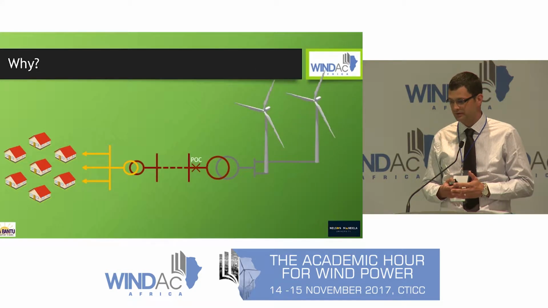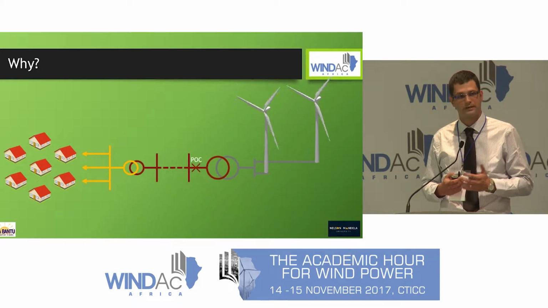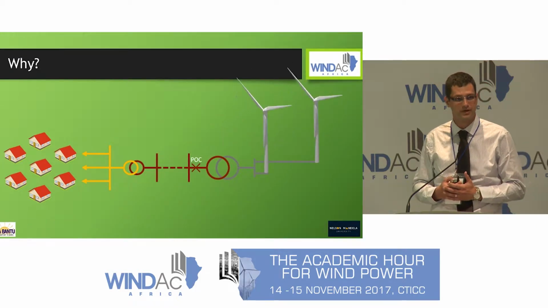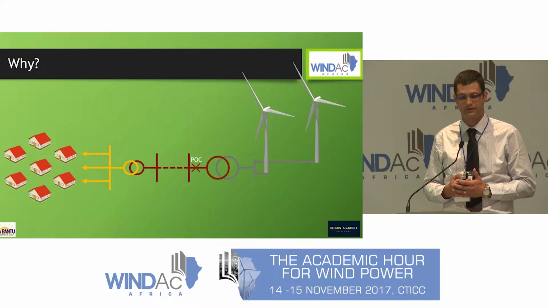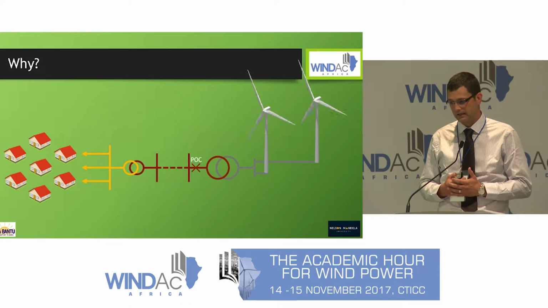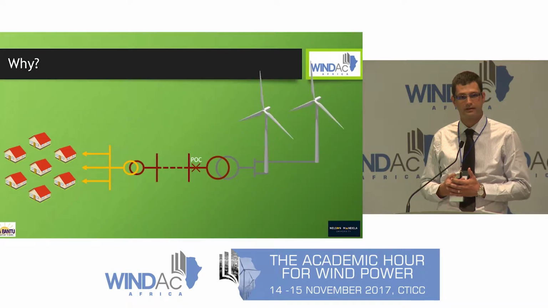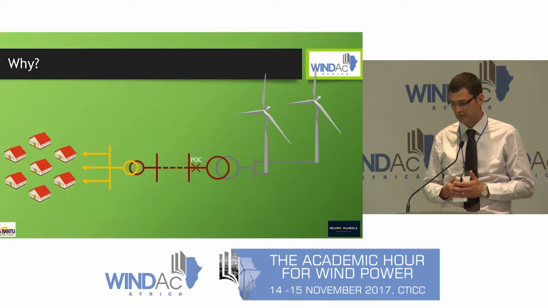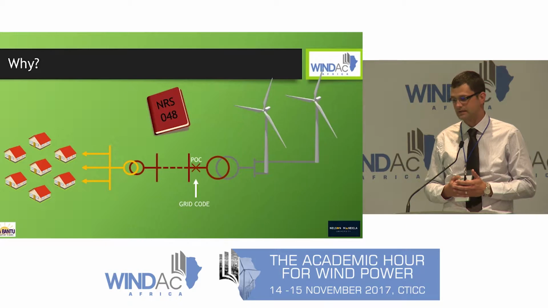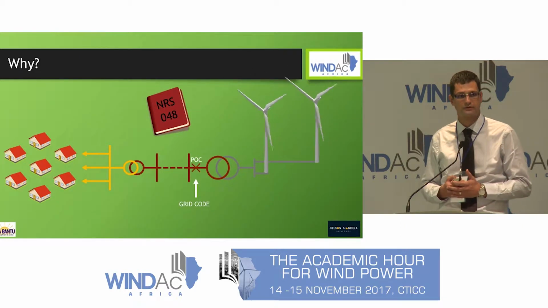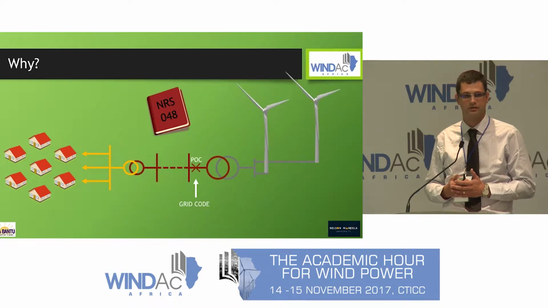So why did we do this study, or what brought it about? The Van Stadens wind farm, I've been involved with the project fairly from the start, and one of the first things I noticed in terms of the wind farm and the requirements and the grid code is that the NRS and the grid code specify the power quality requirements for the wind farm at the point of connection.